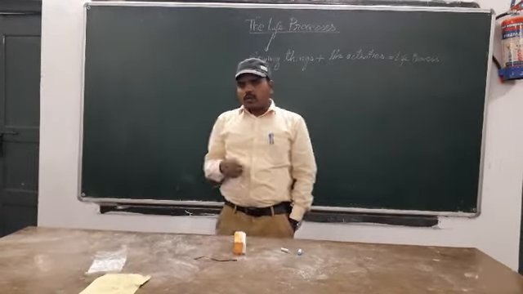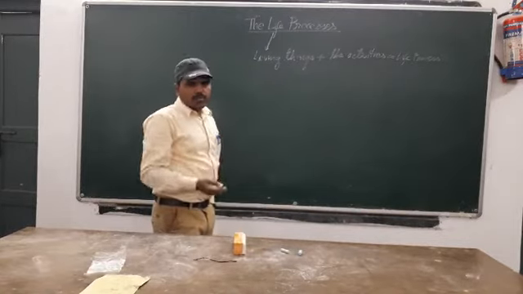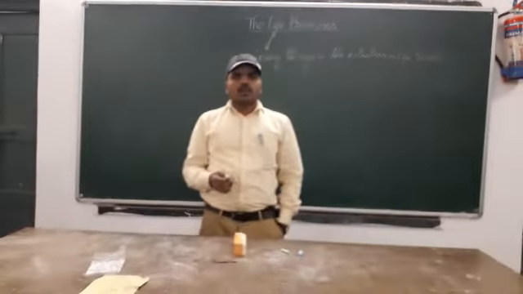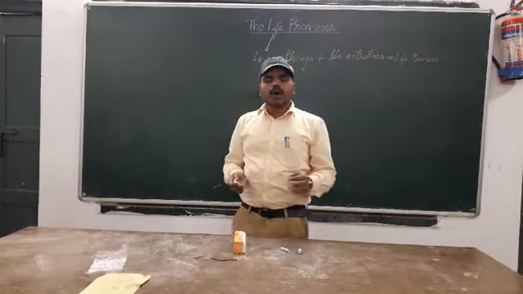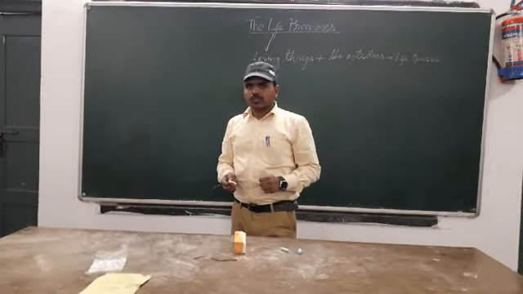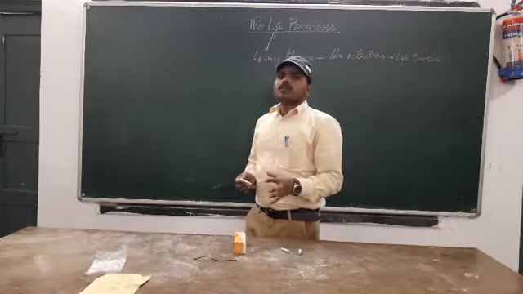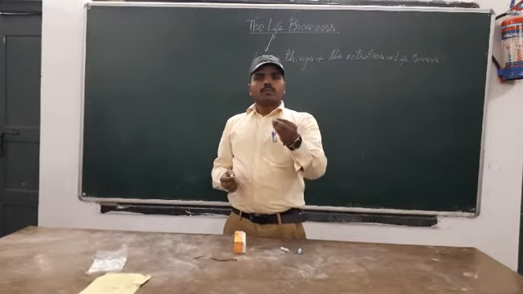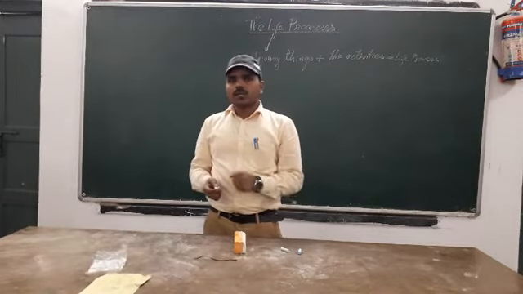Let's know. Life processes, in a simple way, we can define it as the overall activity performed by an organism. I mean, the overall activities which are being performed by an organism is known as life processes.